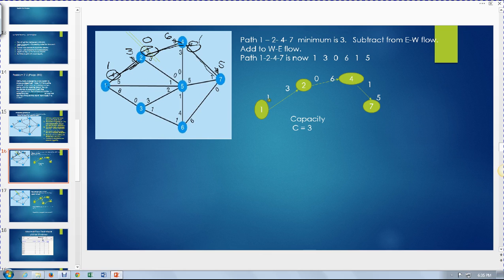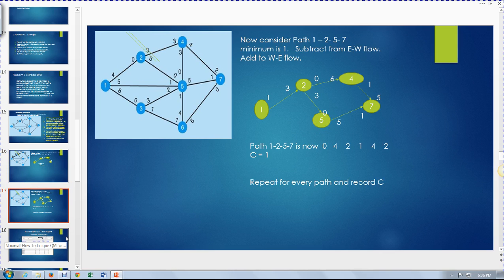So what I've done here is I've rewritten the 1, 2, 4, 7 branch with the correct forward and reverse flows and indicated that the capacity C for that branch is 3. Then you go to another branch, and this one is 1, 2, 5, 7.